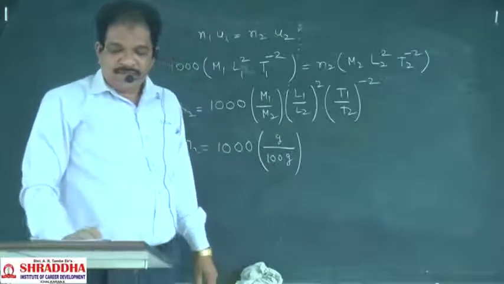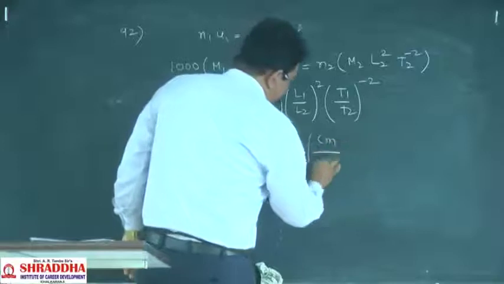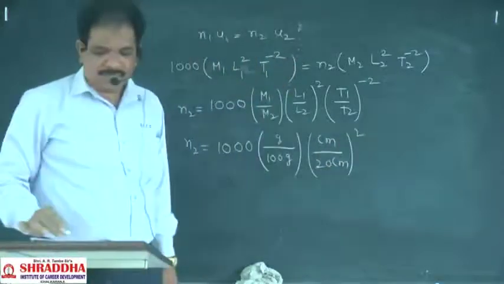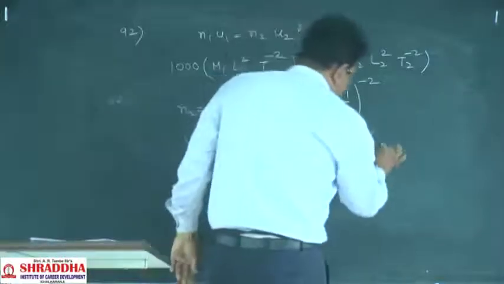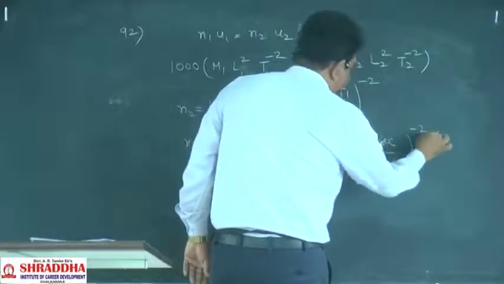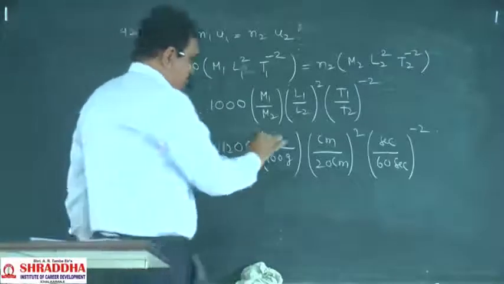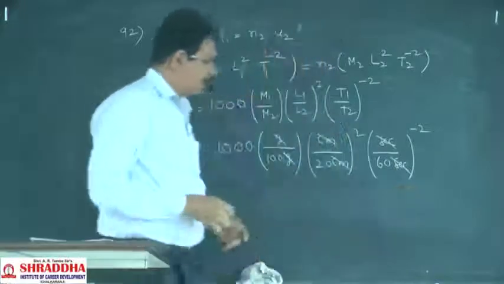Okay. Here L1 will be centimeter. This will be 20 centimeter whole square. So this will be second. This will be 60 second power minus 2. So with little bit patience you do this calculation, you will get the answer.